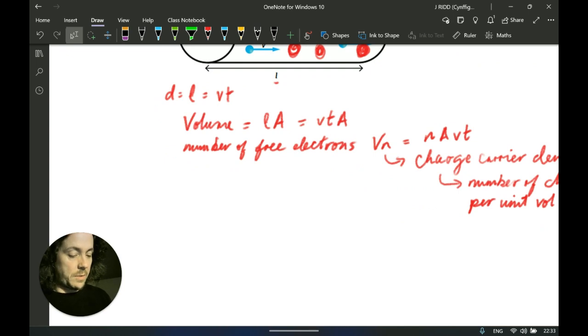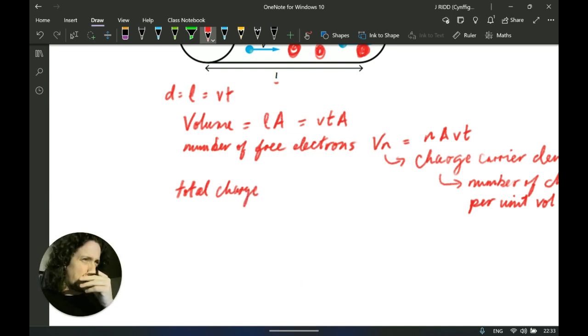Now, the next thing is to think about the total charge. The total charge is going to be the number of charge carriers, which we've just defined as nAvt, times the charge of an individual charge carrier, which in the case of electricity is e, the fundamental charge, which we mentioned earlier on.